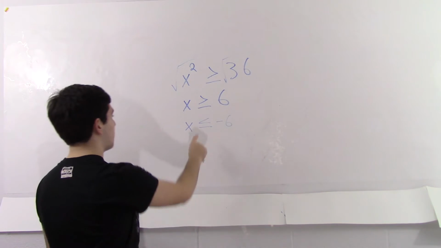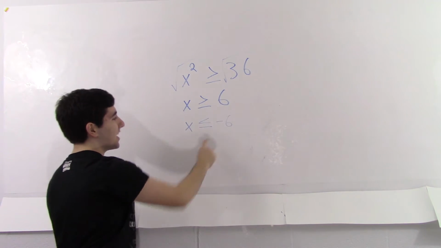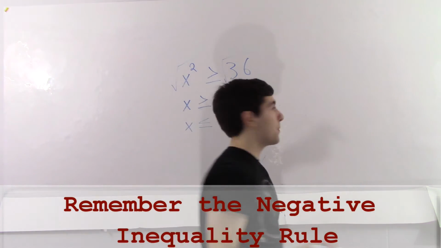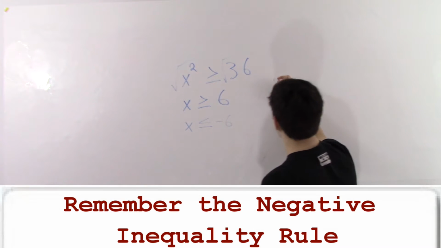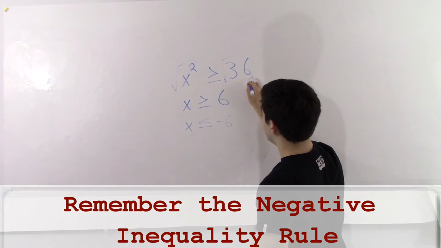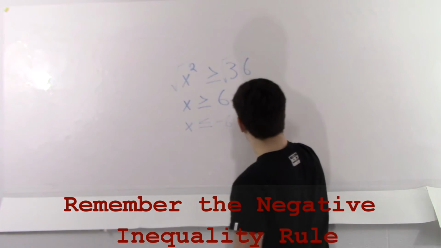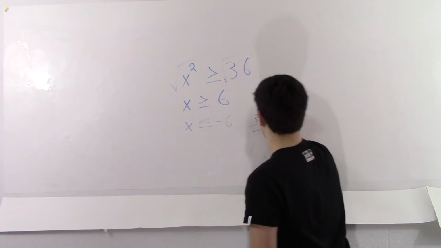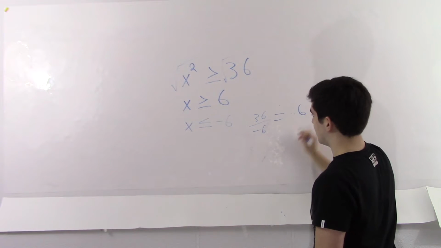So, the reason why we're switching this is for the exact same reason as when dividing by a negative number. Technically, this is the same thing as dividing out -6. So 36 divided by -6 equals -6.